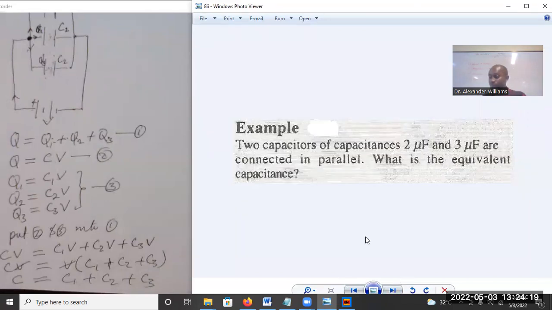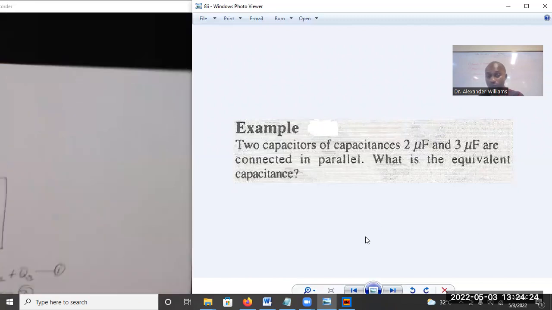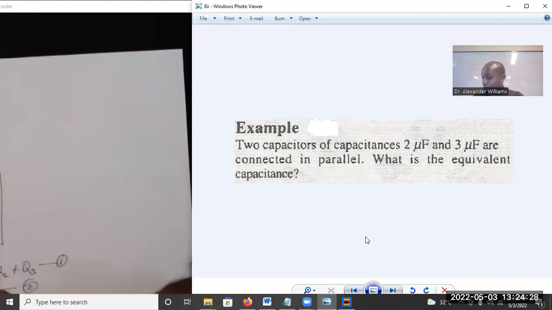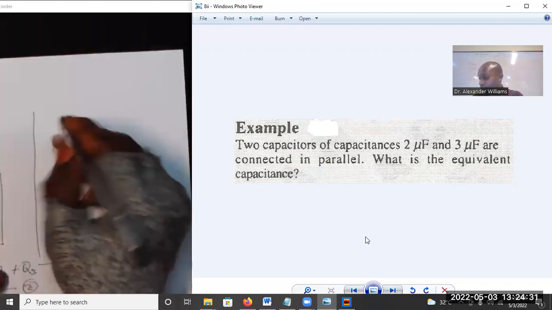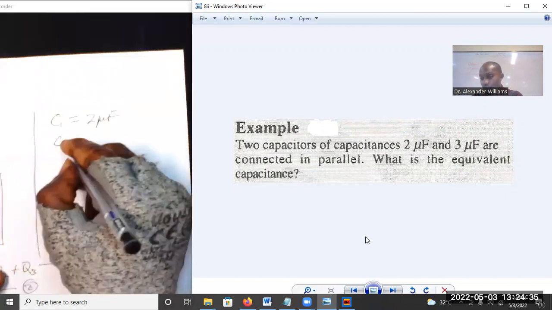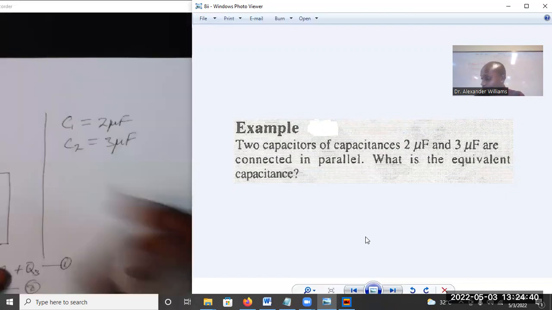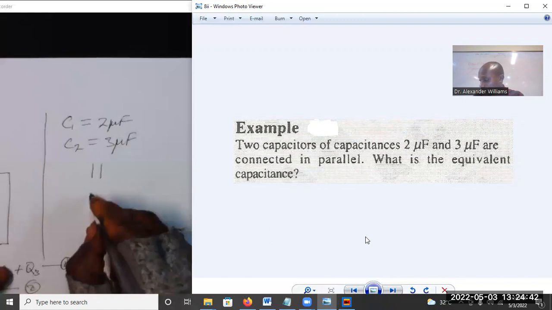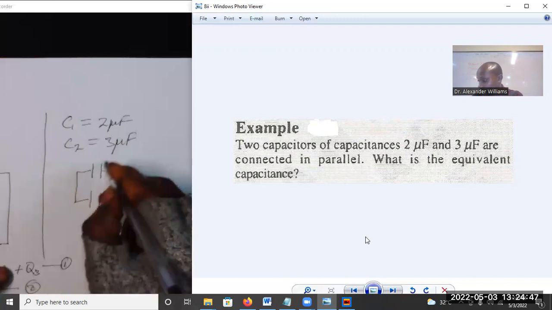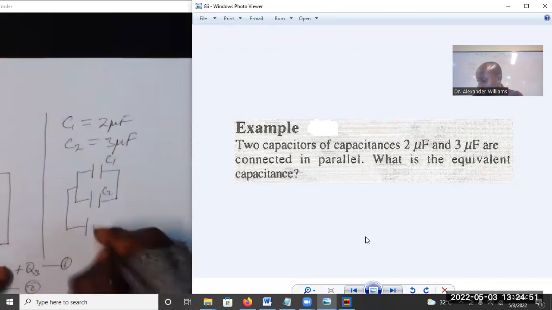Here's an example. We have two capacitors of capacitance 2 microfarad and 3 microfarad connected in parallel. In this example, C1 is 2 microfarad, and C2 is 3 microfarad. Since they are connected in parallel, the diagram will look like this: C1, C2 connected to a source of EMF.